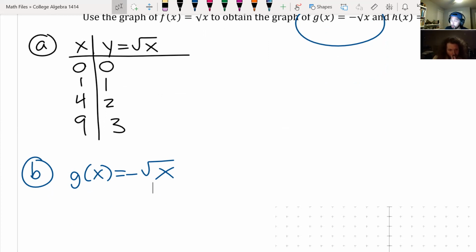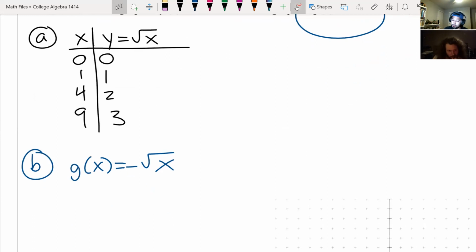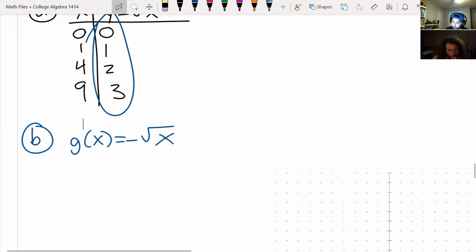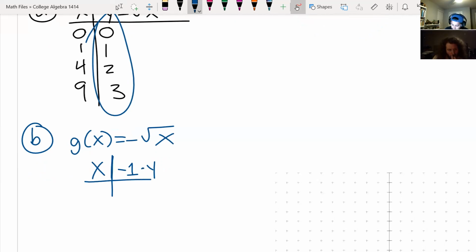So all we have to do is take the original y values from the parent function and multiply them by what number? -1. So I'm going to say -1 times y. So the x values stay the same, but now you'll get 0, -1, -2, -3. There we go.